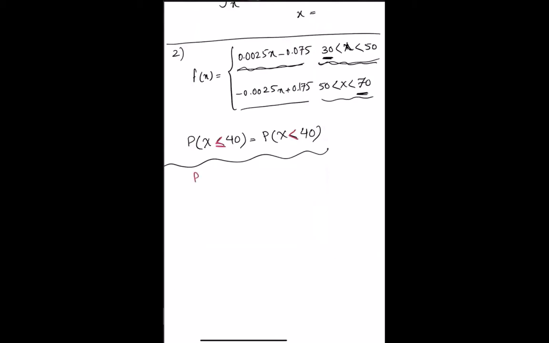If I say the probability of x is greater than 50, that's the same as the probability of x greater than or equal to 50. If I say the probability of x is between 35 and 65, that's the same as saying the probability of x less than or equal, between 35 to 65.